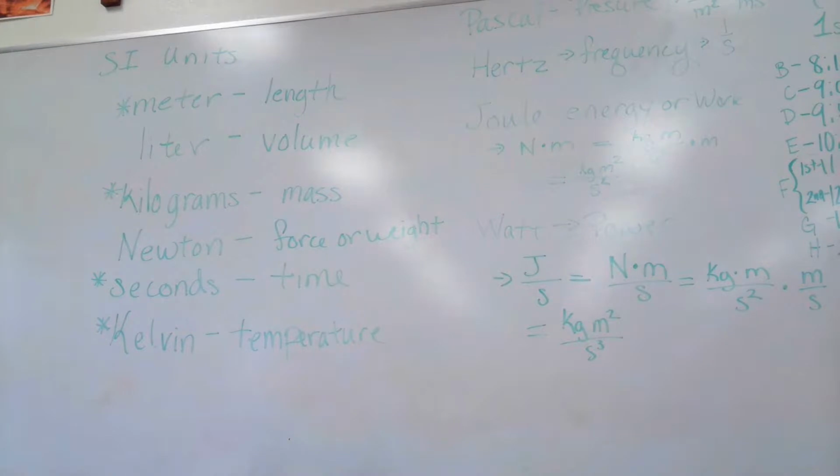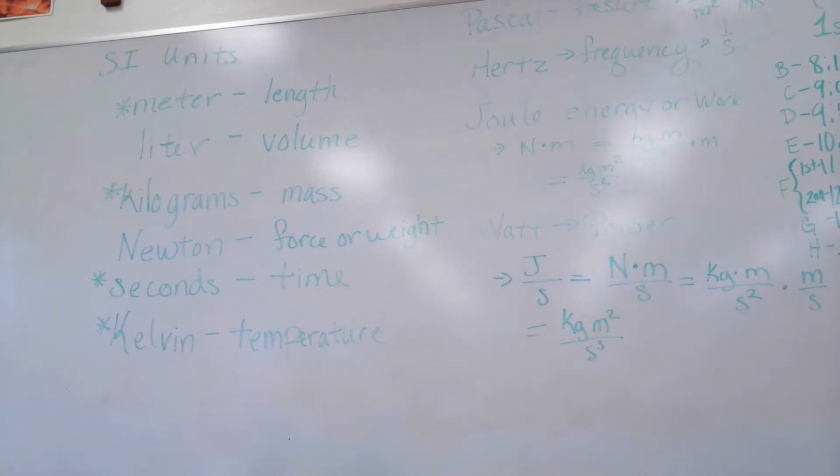Now, if we took a gram and then we had a centigram, how many centigrams would be in a gram? 100. Now, if we took a liter and then we had centiliters, how many centiliters would be in a liter? 100.